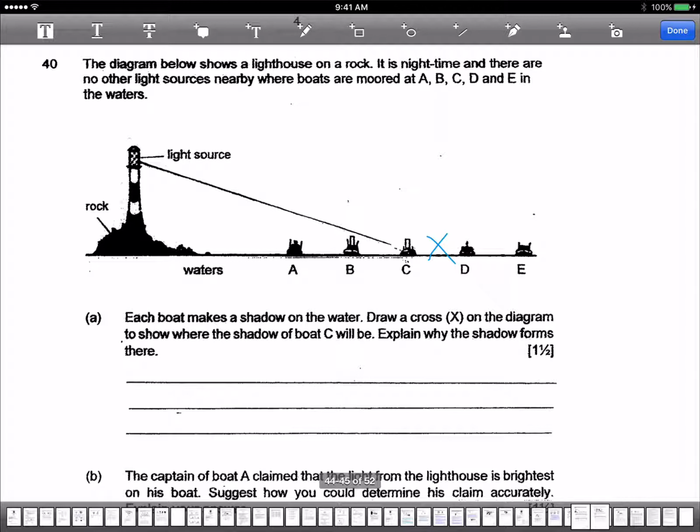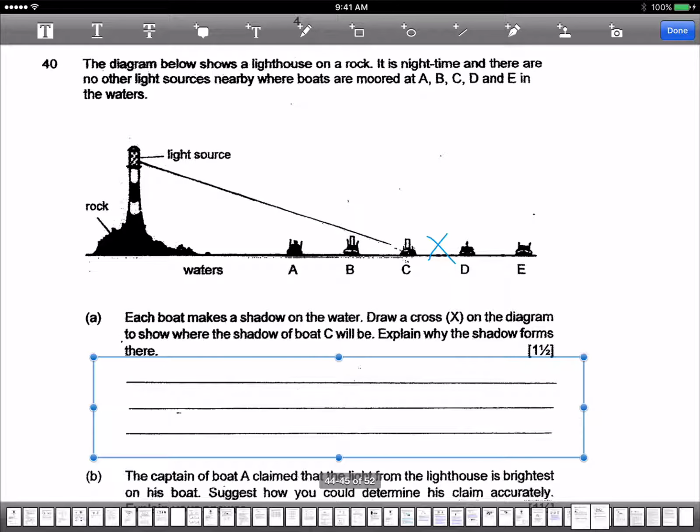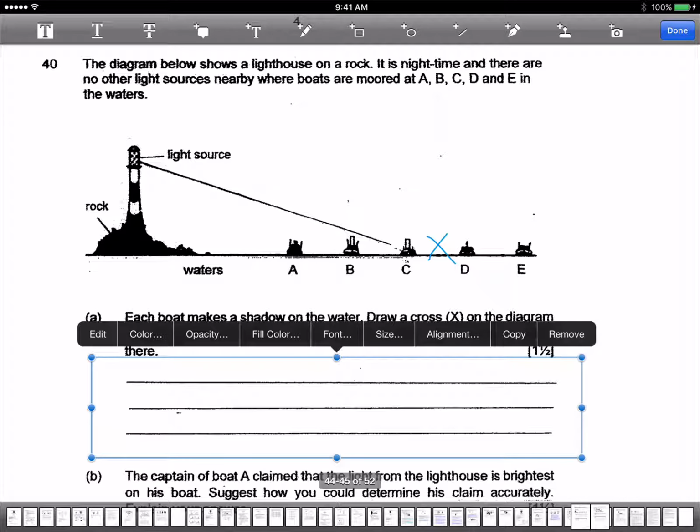Okay, why does the shadow form there? No, it's not D, it's between. Now, these are all different shapes. So where will it form? It will form between C and D. So the question is why does it form between C and D?